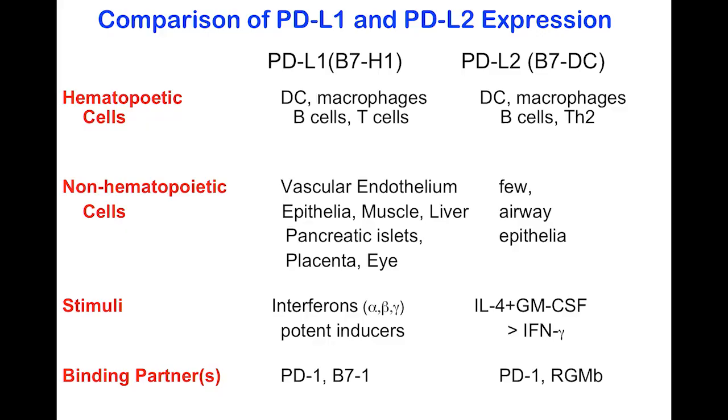PD-L1 can be expressed on a variety of hematopoietic cells, as shown here: dendritic cells, macrophages, B cells, and T cells. But in addition, we found that PD-L1 could be expressed on many other cell types: on vascular endothelium that lines the blood vessels, a variety of types of epithelia, muscle cells, cells in the liver, cells in the islets of the pancreas, sites of so-called immune privilege.